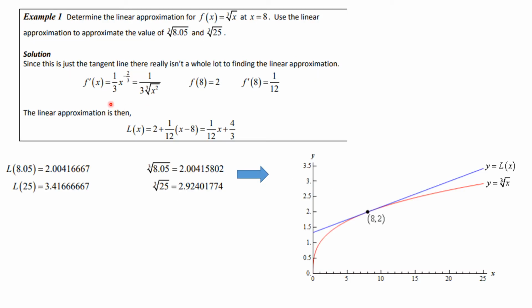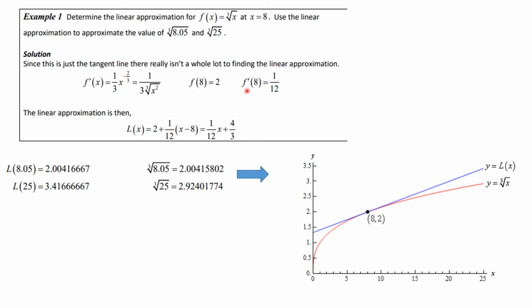Alright, so we need to find the slope, so we're going to take the derivative of y equal f of x equal x to the 1/3. So the derivative is going to be 1/3 x to the minus 2/3, which can be written this way. And we want to be at the point x is 8. If I plug x equal 8 into the function, I know that I have 2. So the value is 2.